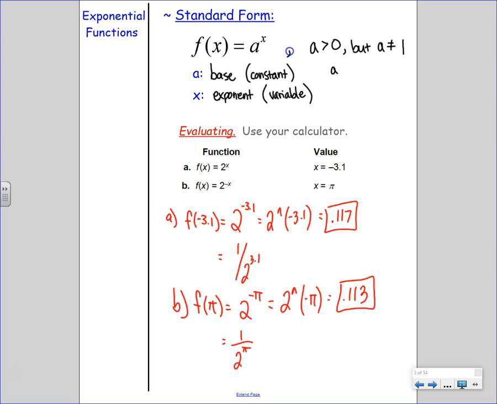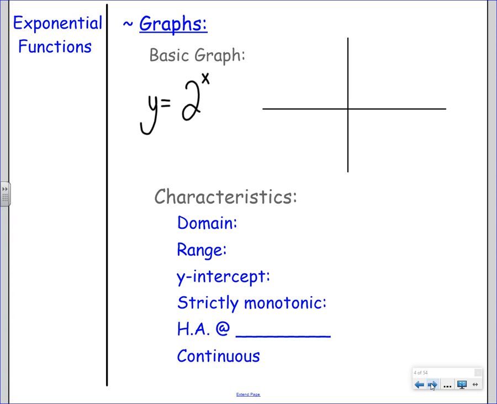Another way of saying it is a is going to be in between 0 to 1, 1 to infinity. Now that's not super important to memorize per se. I just want you guys to realize why you're not going to see 0, why you're not going to see 1. So 2 to the x is pretty much the most basic exponential I can show you. Let's talk about a couple things that we know.